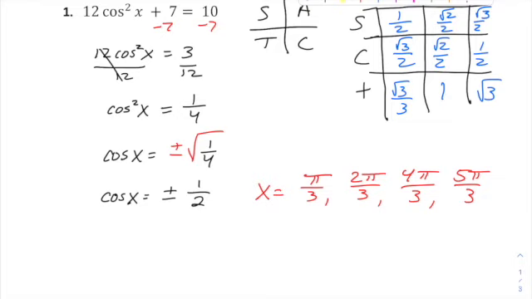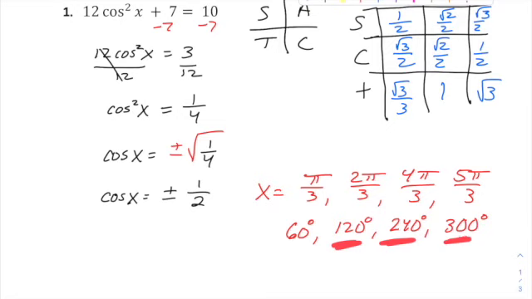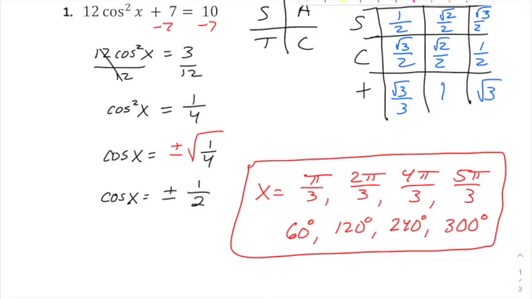Or maybe you'd like to think in degrees first, and then work to your radians from there. That would be 60 degrees in quadrant 1, 120 in quadrant 2, 240 in quadrant 3, and 300 in quadrant 4, right? That's 180 minus 60, 180 plus 60, and 360 minus 60. So there are our 4 solutions in radians and degrees.